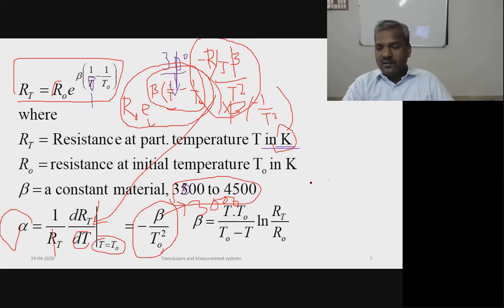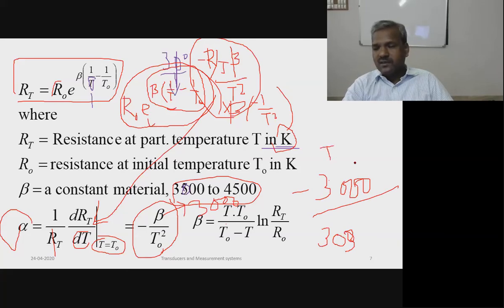So what do you get? Minus 3000 divided by 303 squared. Or, to calculate easily, take room temperature equal to 27 degrees Celsius, plus 273, which is 300 Kelvin. So 3000 divided by 300 square.